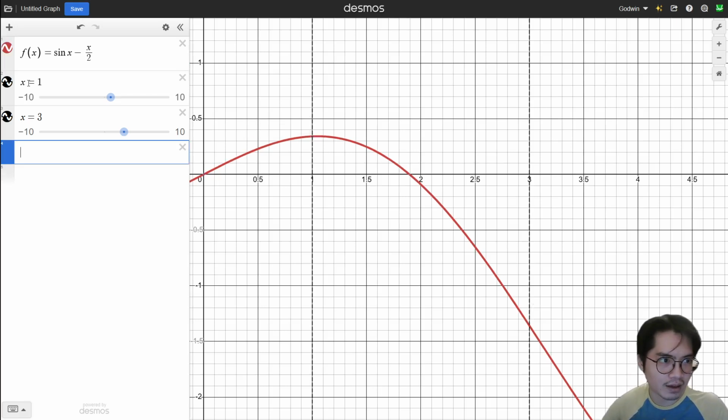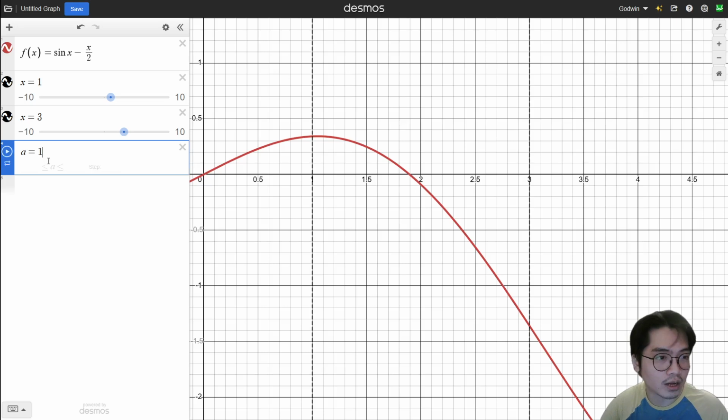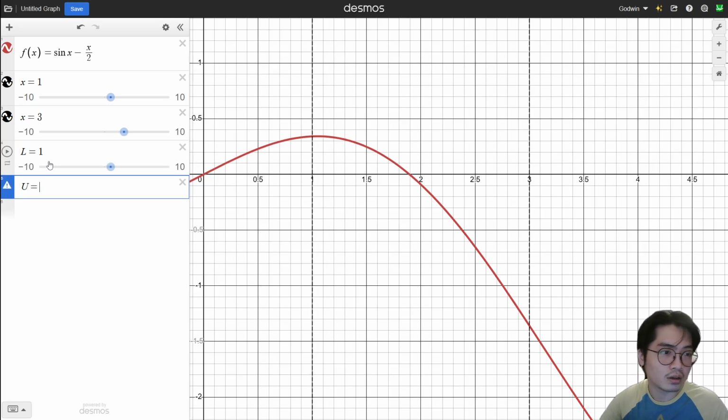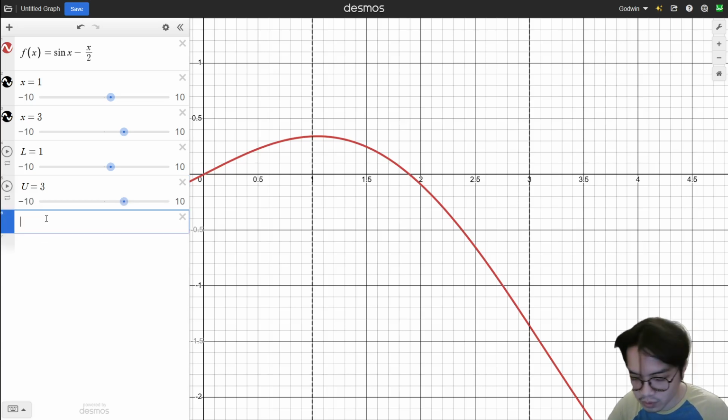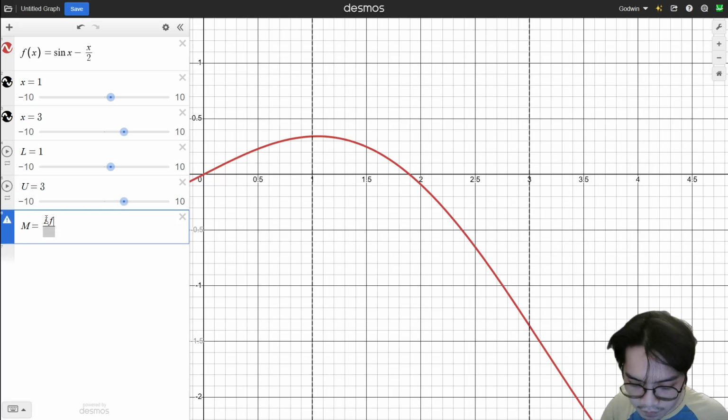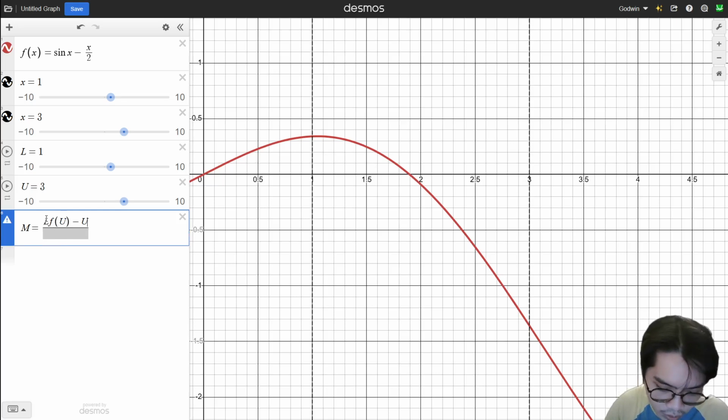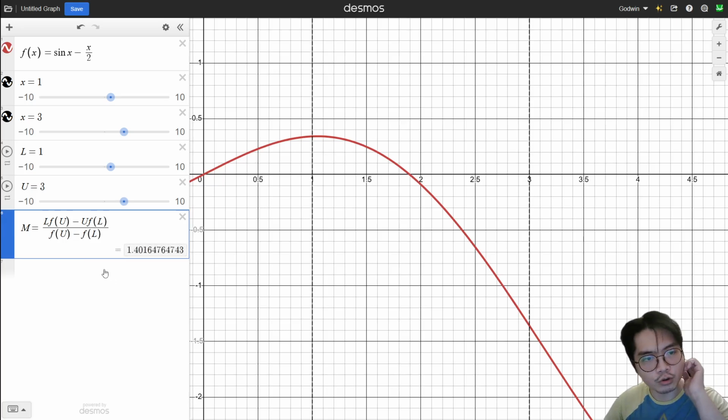So maybe we have a equals 1, or L, L equals 1, and then u equals 3. Suppose. Yeah, maybe. And then we will have m, which is going to be L times f of u minus u times f of L all over f of u minus f of L. There you go, that's your new value.